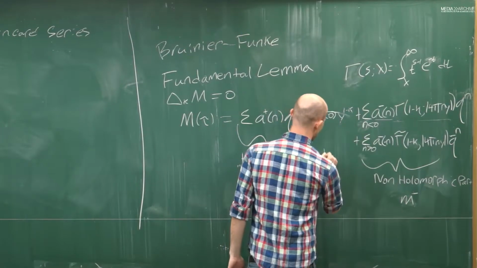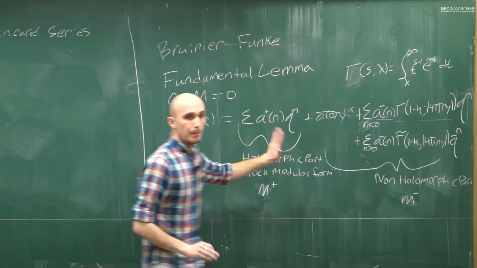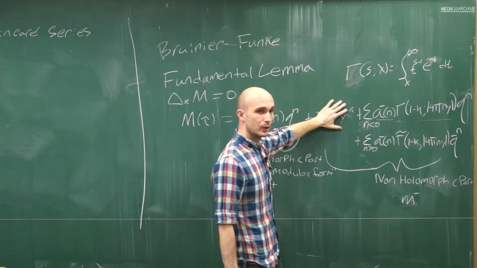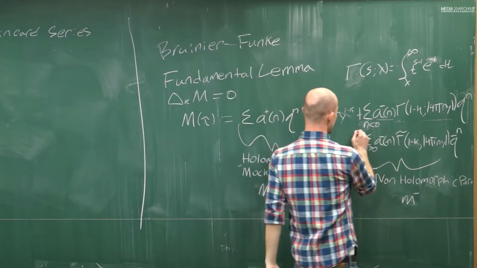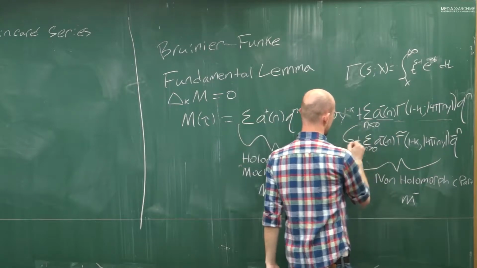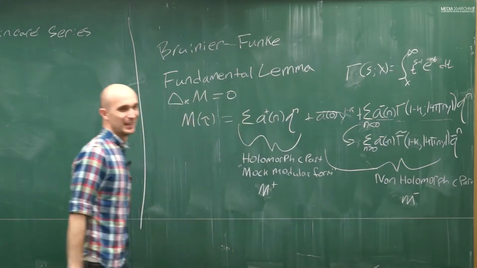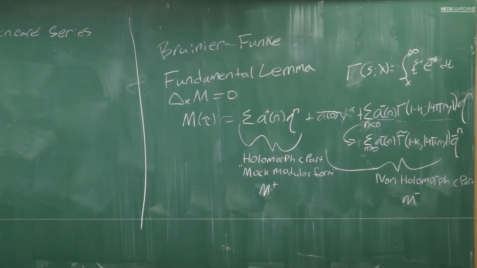It will include this piece, but from this point on, let's just assume that this piece is 0. So the Maass-Poincare series gives us a way to create a basis for a space of harmonic Maass forms.